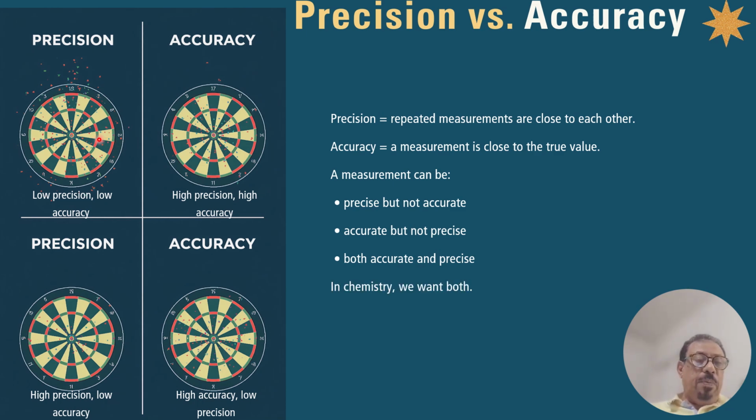And in this example here, we have low precision, low accuracy. They are far away from the target, maybe going to the third circle. In chemistry, both are very important.